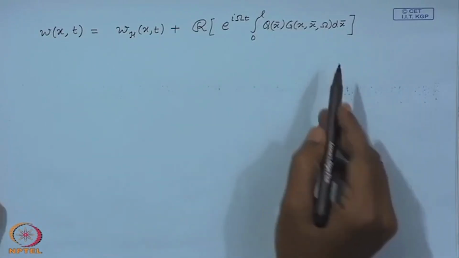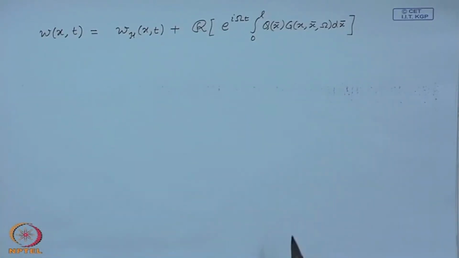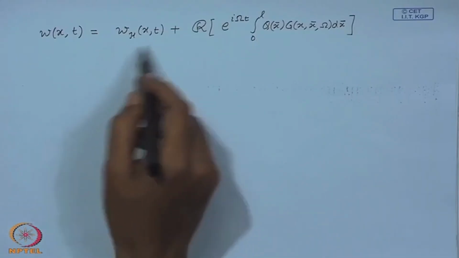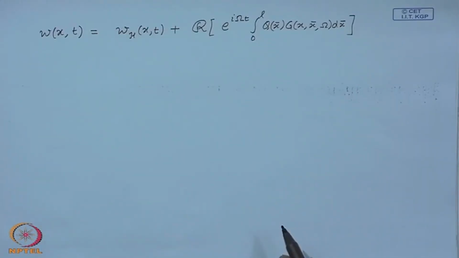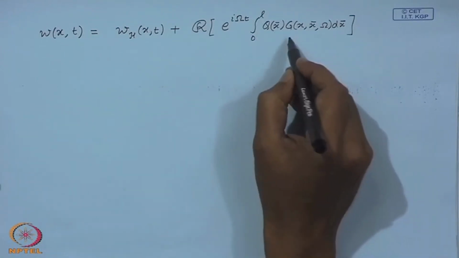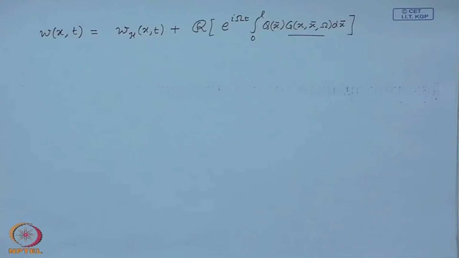So, we can easily find the total solution, and from here the unknowns can be found by using the initial conditions. Now, the problem remains how to solve for this G.